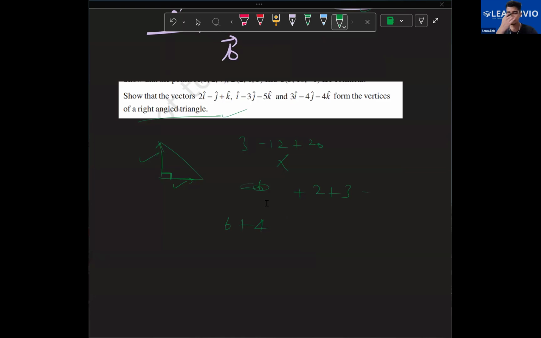I named the points, so that's why. Oh, okay, okay, all right.